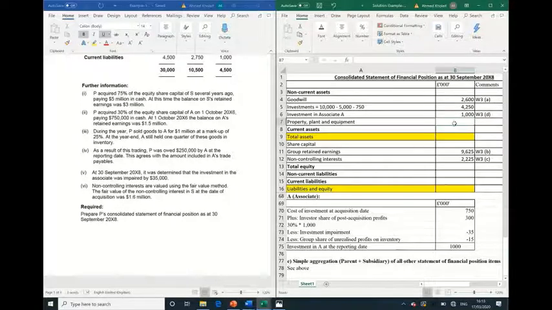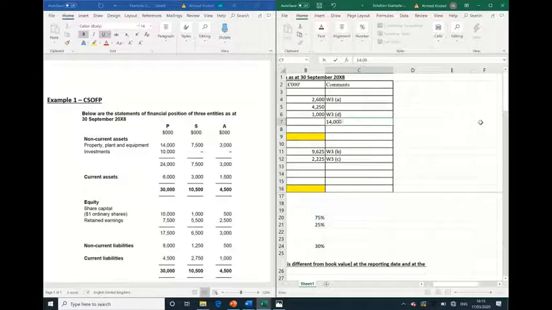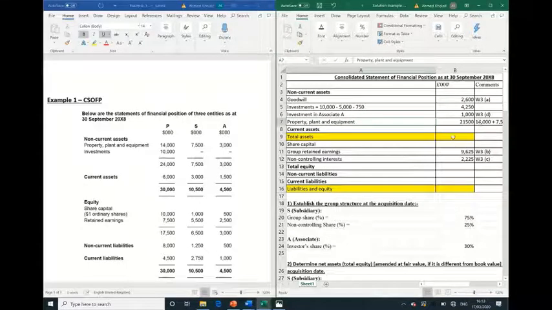Okay, and then we have the next item, property, plant, and equipment. For this item, it is simple aggregation of the parent and subsidiary. So for the parent and subsidiary, it is 14,000 plus 7,500, which is 21,500.